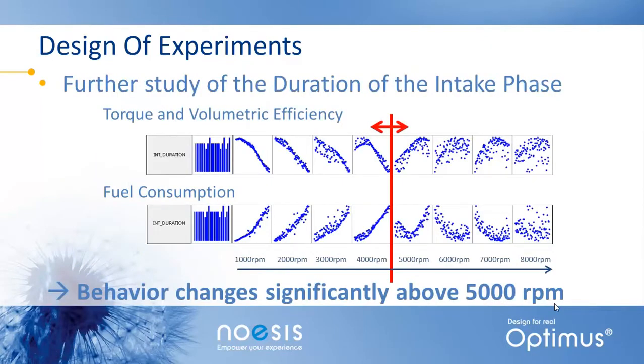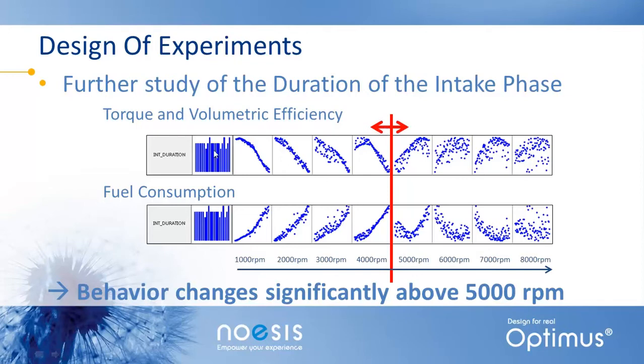If we take a closer look at the influence of the duration of the intake phase on the torque and the efficiency, and also on the fuel consumption, we see that there is a significant change in behavior that happens around 5,000 RPM.